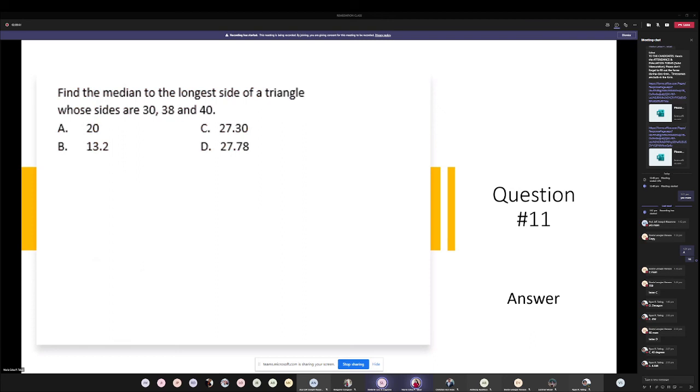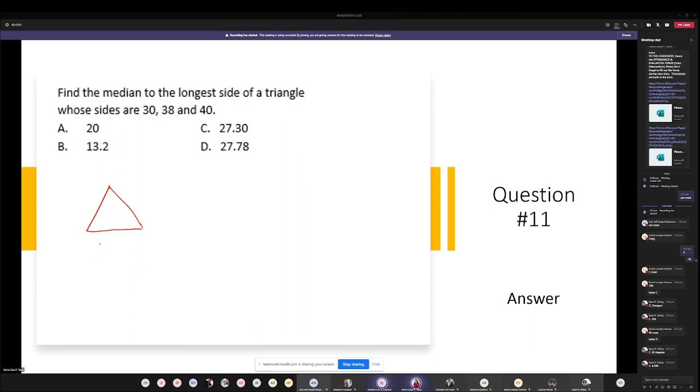But we have a different triangle. So we have 30, 38, and 40. Let me draw again. It depends on how you draw. It looks like an equilateral triangle, but it's okay as long as you label them properly.